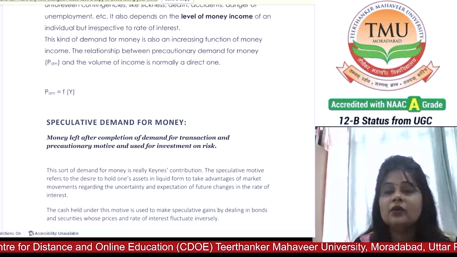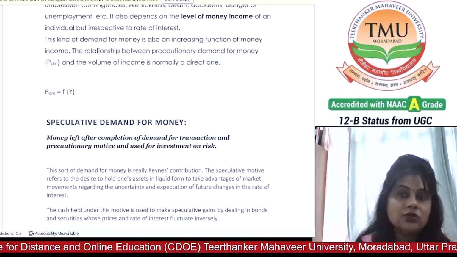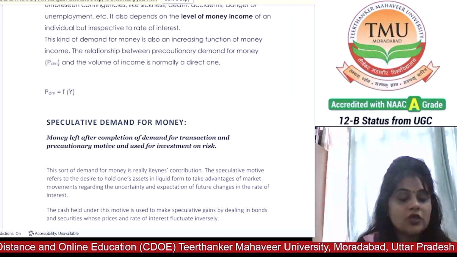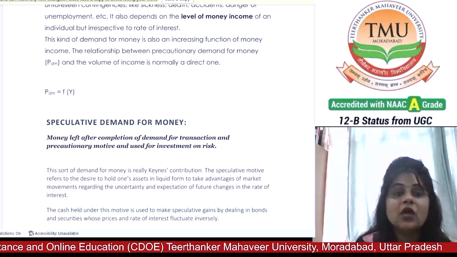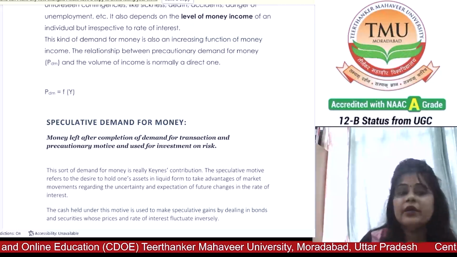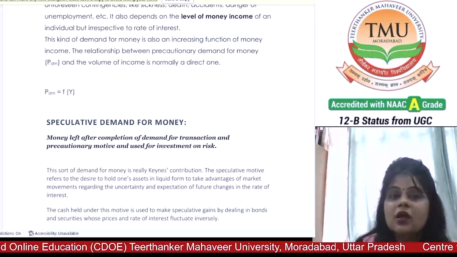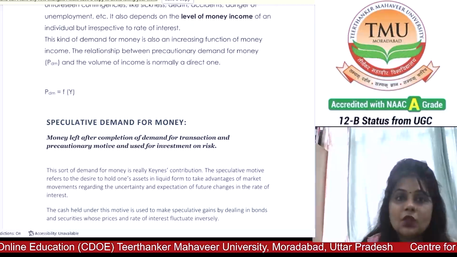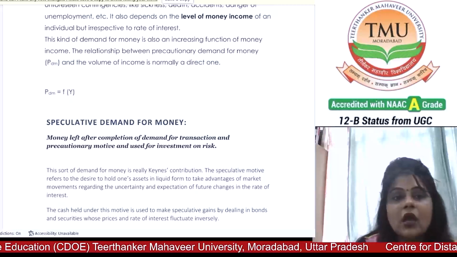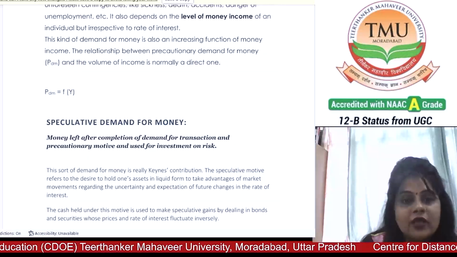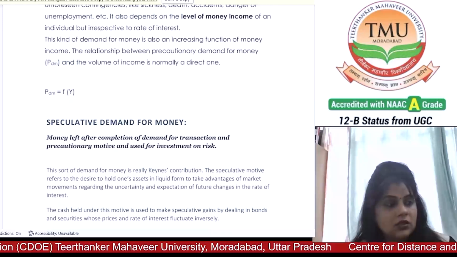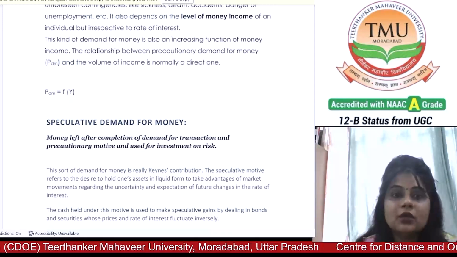Keynes also says that both motives, transaction and precautionary, mostly depend on the income level. In these motives, interest rate is inelastic, but income is elastic. So M1 is a function L1 of the level of income Y.